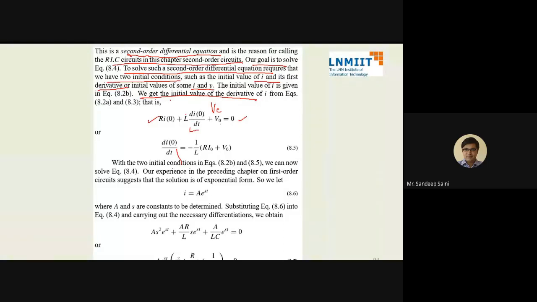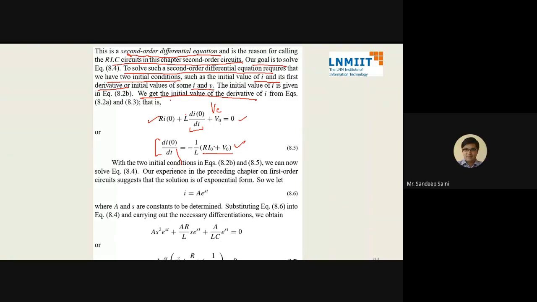That means di by dt equals 1 by L times R I naught plus V naught, with a minus sign, minus 1 by L. Is this okay?